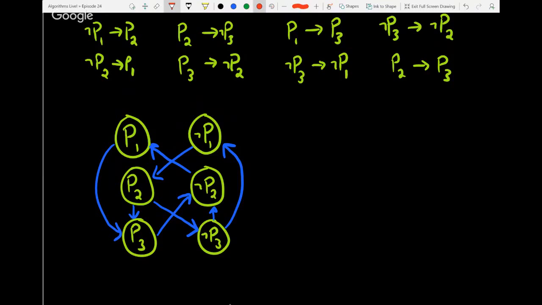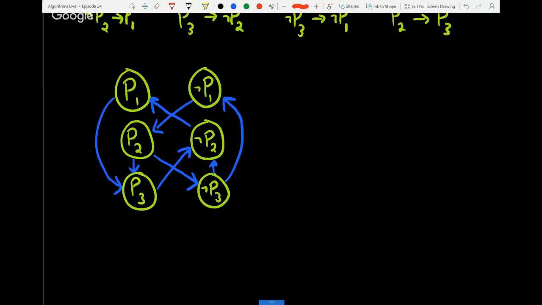Well, P2 can get to not P2. That's probably the best way of looking at it. So we can get from here to here, and then not P2 can get to P2. Or I thought so.